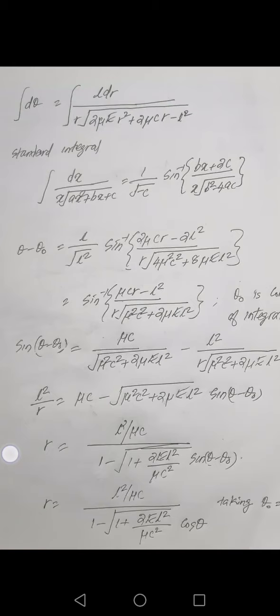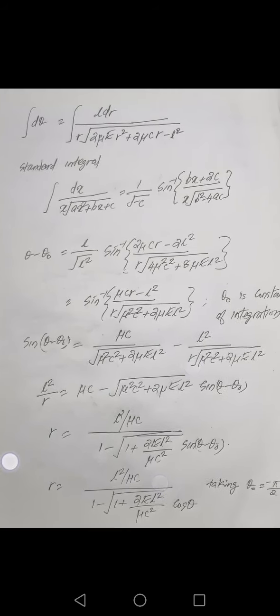Then I am calculating r from here. r is equal to L square by mu C. Then I am taking mu C outside the square root, so it will be 1 plus 2 E L square by mu C square under the root. So that is r is equal to L square by mu C by 1 minus square root of 1 plus 2 E L square by mu C square times sin of theta minus theta 0.